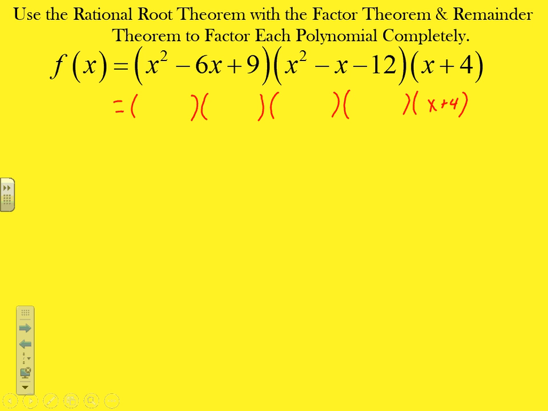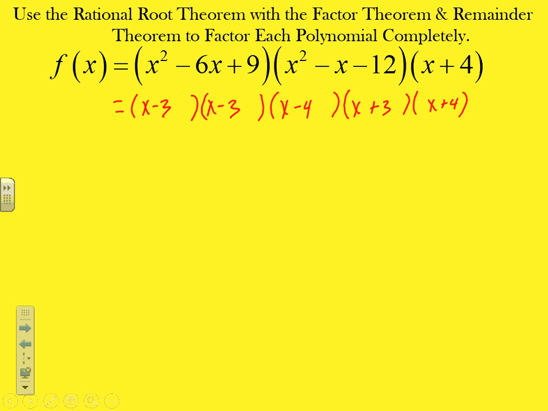Looking at the first expression, x squared minus 6x plus 9, that is x minus 3 and an x minus 3. And the next one would give me an x minus 4 and an x plus 3. So there are all of the factors that we would have.